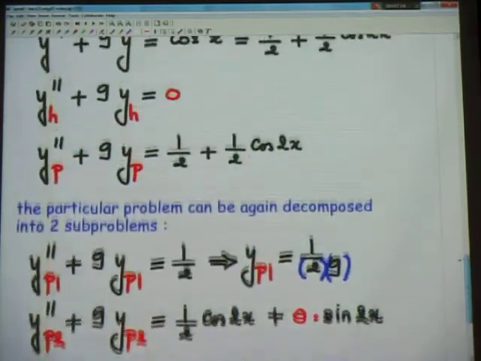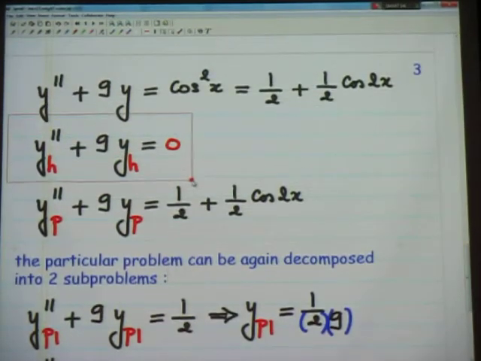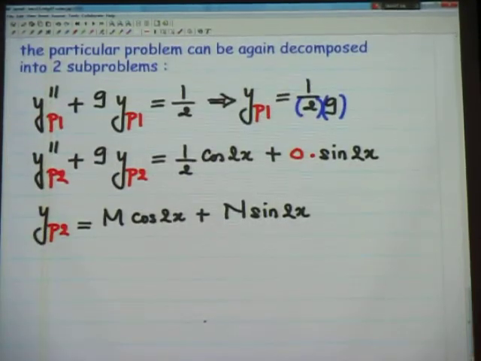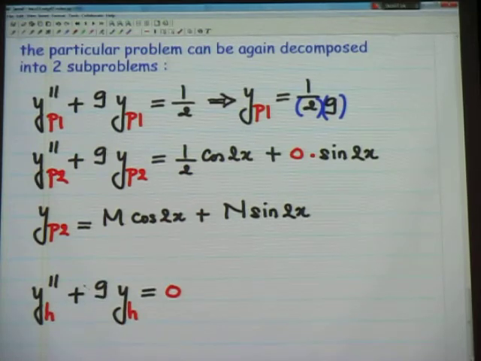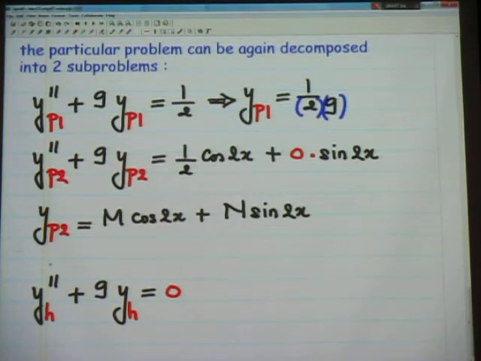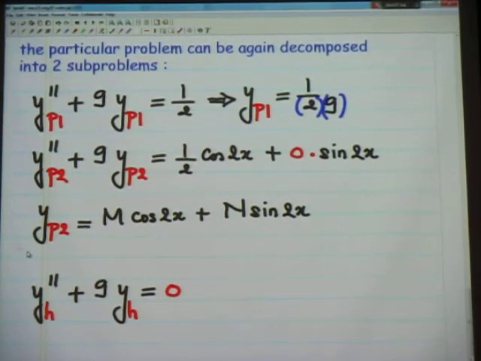So for the homogeneous solution here, for the homogeneous problem, right? The trial solution.